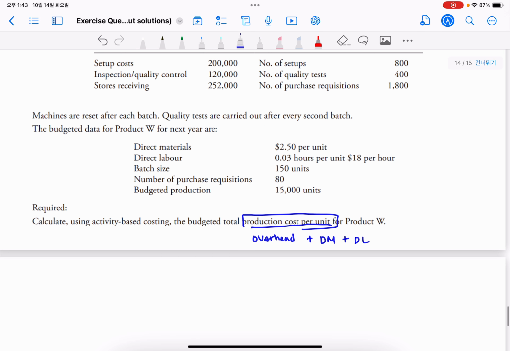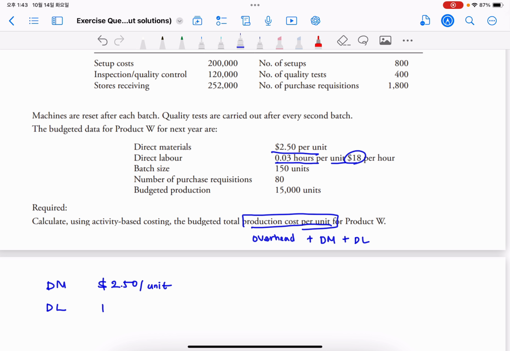So first of all, let us start with the direct material. That is exactly given here as 2.5 per unit, right? Now let's move on to DL. It says that it takes 0.03 hours per unit, and each hour costs $18, right?